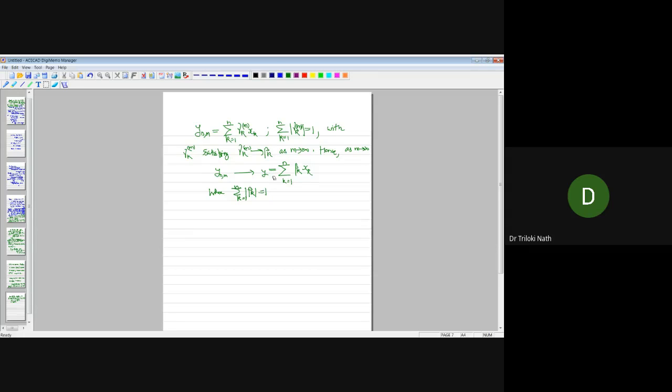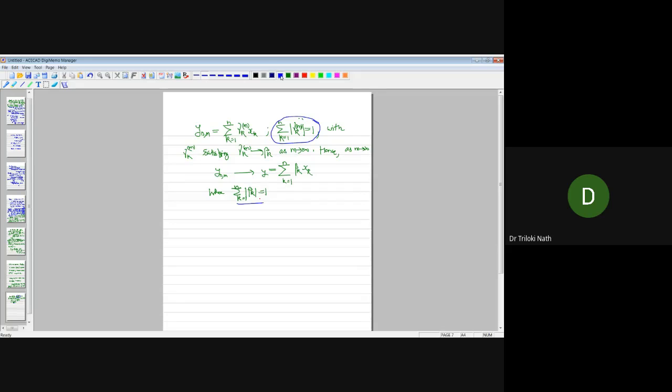The left hand side will be the summation of mod beta k. If you look here, this quantity is actually equal to 1. So if you take m tends to infinity, the right hand side is 1 and the left hand side will be beta 1, beta 2, beta n. So that's why this is happening.